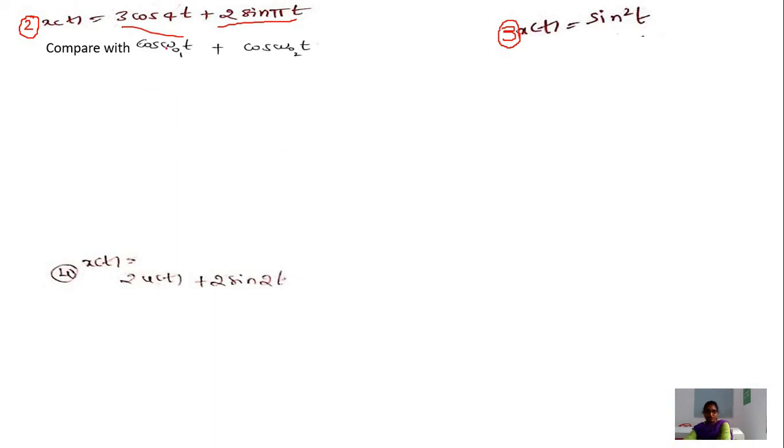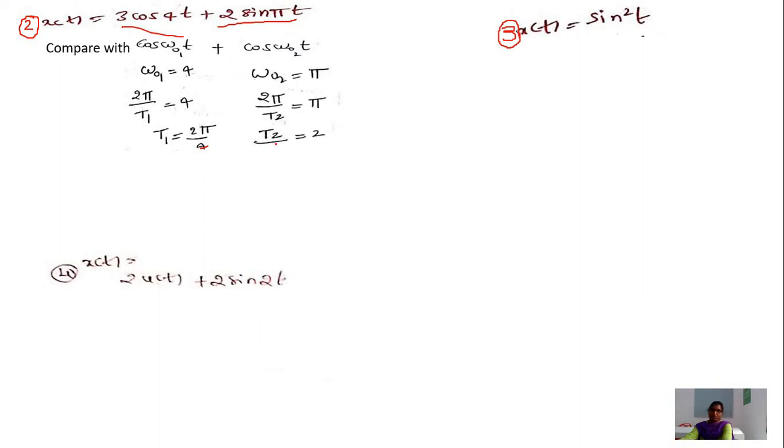Compare with cos omega naught 1 t plus cos omega naught 2 t. Then omega naught 1 is 2 pi by T1, equal to 4. From this, T1 is equal to 2 pi by 4. Now T1 is not an integer because pi is a fractional number, 3.14.